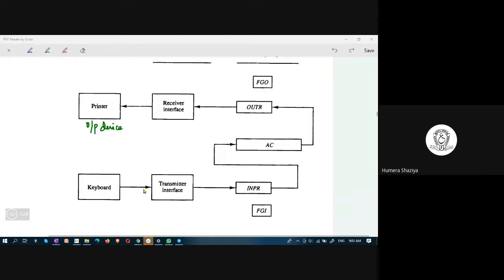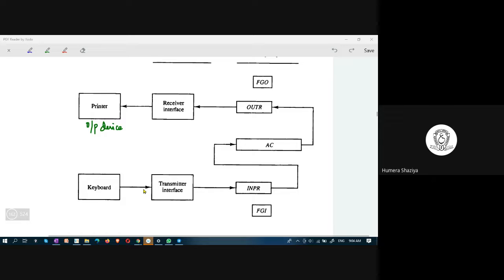And there is a flip-flop. Okay, there is a flip-flop which is the output flag, and there is a flip-flop which is the input flag. The accumulator is connected to both the output register and the input register. From the input register, it receives the input.